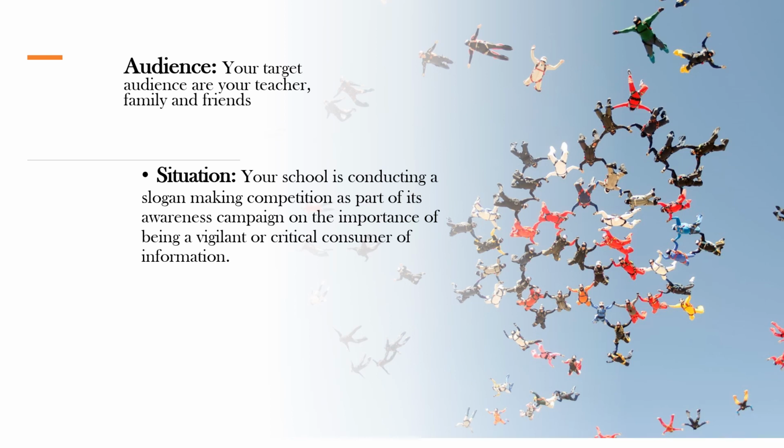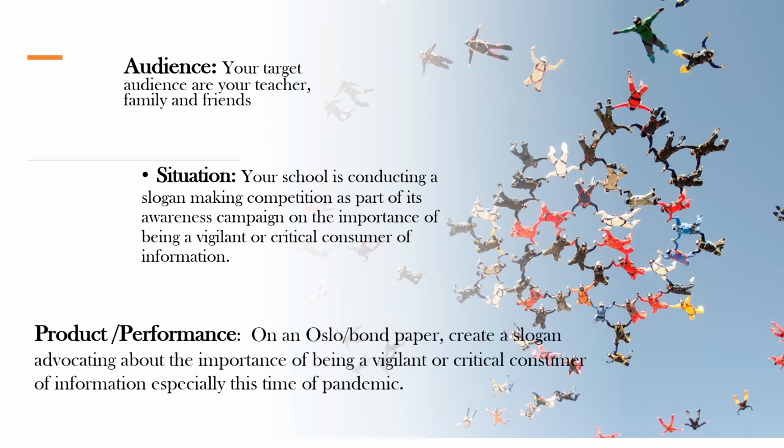Situation: your school is conducting a slogan making competition as part of its awareness campaign on the importance of being a vigilant or critical consumer of information. Your project performance: on an oslo board paper, create a slogan advocating the importance of being a vigilant or critical consumer of information, especially this time of pandemic.